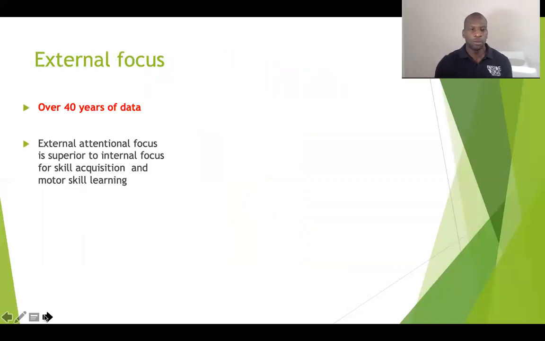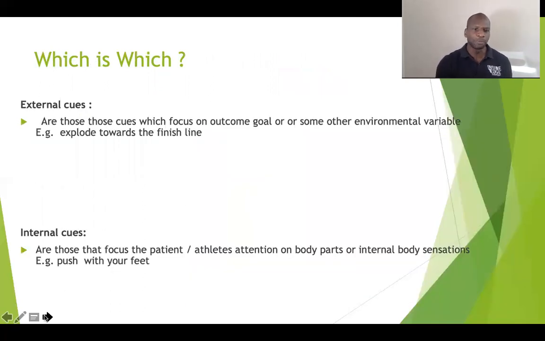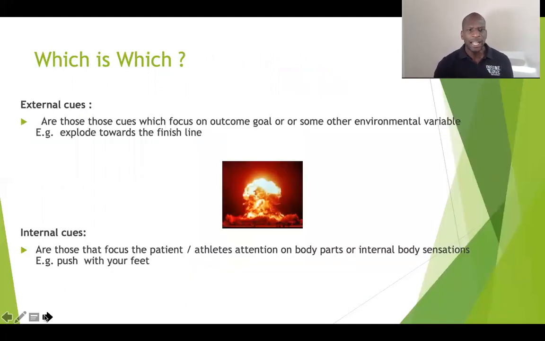External focus. So we've got over 40 years of data in studies which effectively says that an external focus is far superior to an internal focus from a skill acquisition and also motor skill learning perspective. In essence, an external cue focuses on some outcome goal or some other extraneous environmental variable.